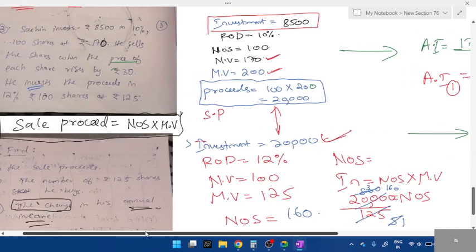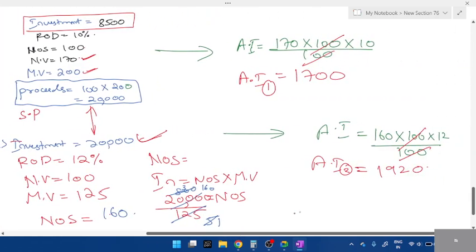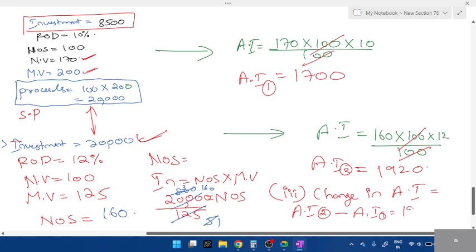So there was a change in annual income. What's the answer? 220.